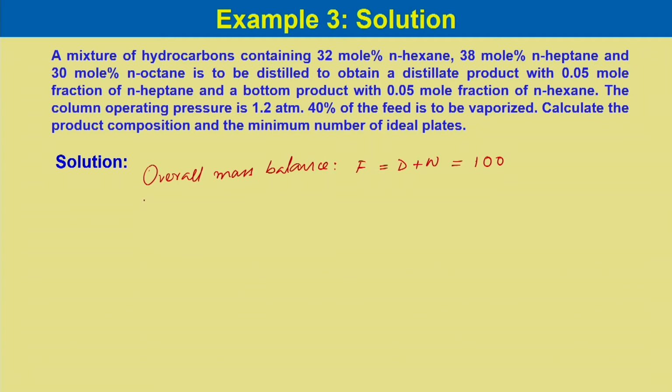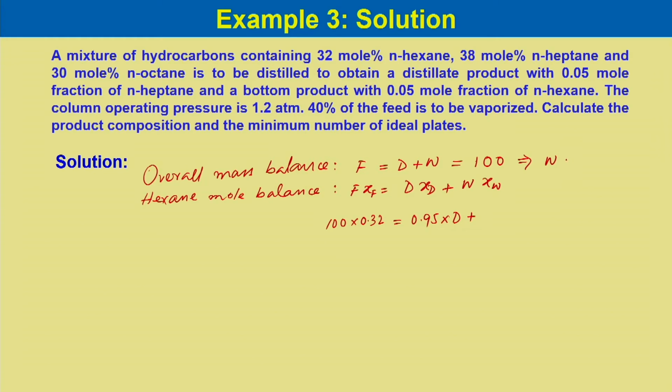Now, if we do the hexane mole balance, we can write F x_F would be equal to D x_D plus W x_W, and if we substitute, this would be 100 into 0.32, which is equal to 0.95 into D plus W.